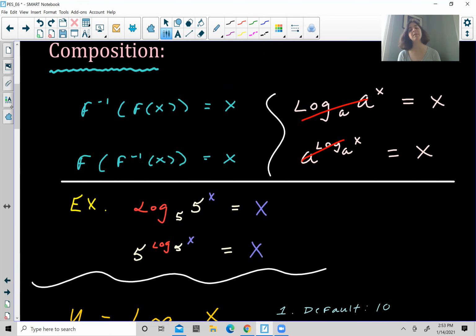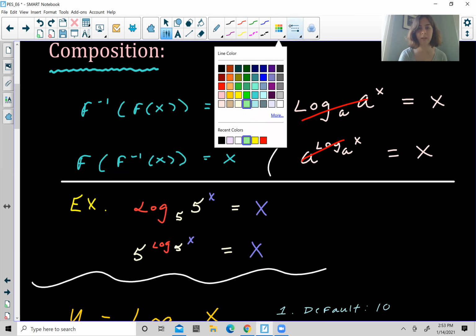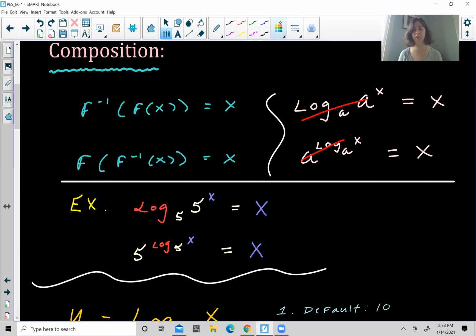Okay, and then something else that we learned about inverses is that you can compose them, basically, and everything's going to undo itself, and you're going to be left with a variable. So in the first part here, if we plug in the original function into the inverse, all that stuff is going to cancel out, and we're just going to be left with x.